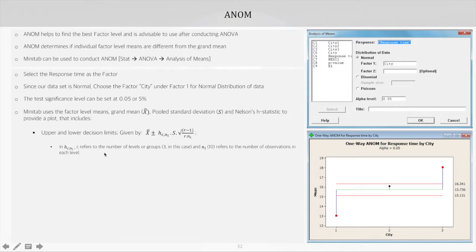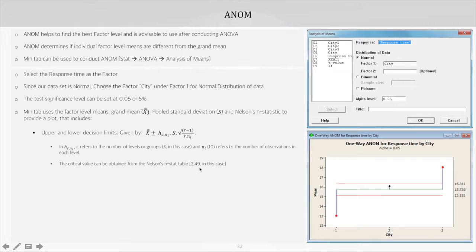In this case we have 3 cities, so it's 3, and Ni refers to the number of observations in each level, which is 10 in this case. The critical value for the H stat is obtained from the Nelson's H stat table, and for this combination, that is for c equals 3 and N equals 10, we find in the table that the Nelson's H stat value is 2.49.